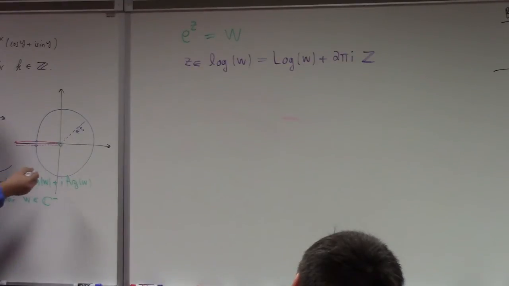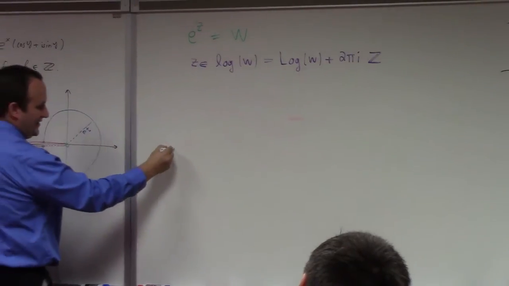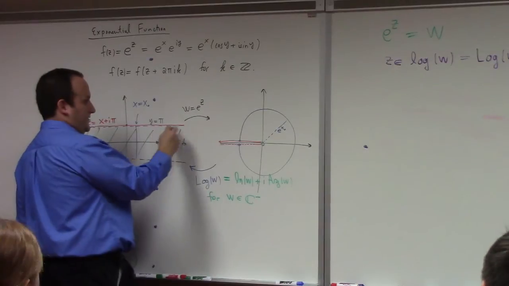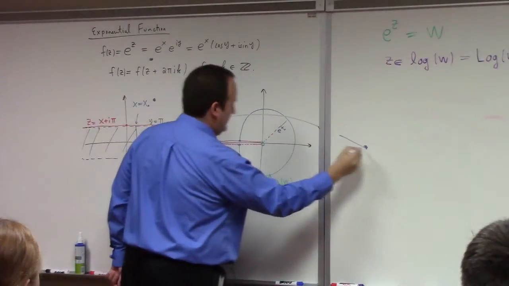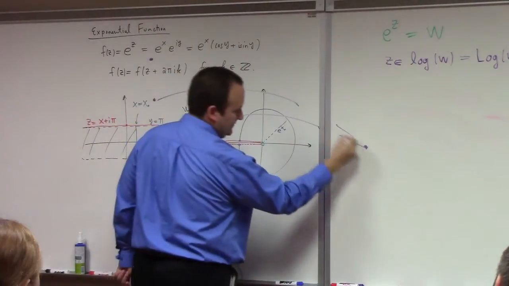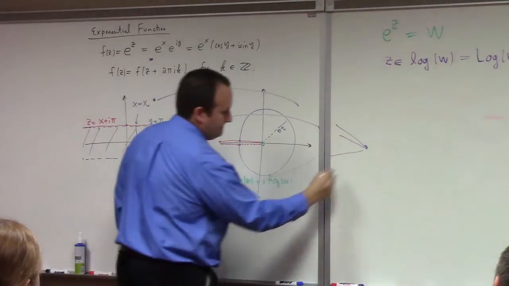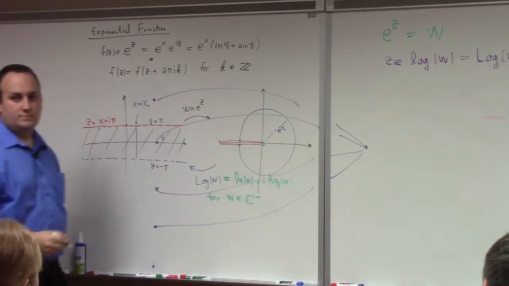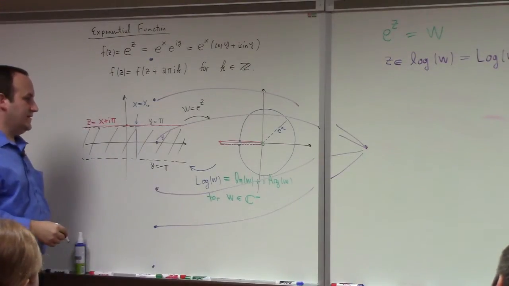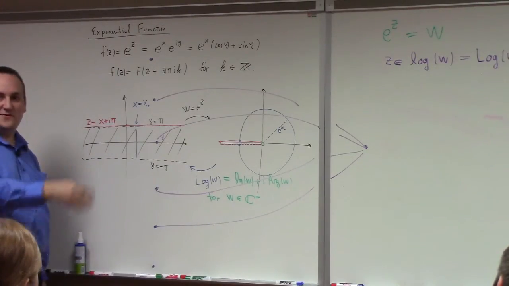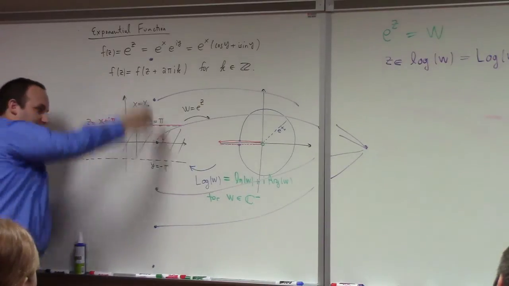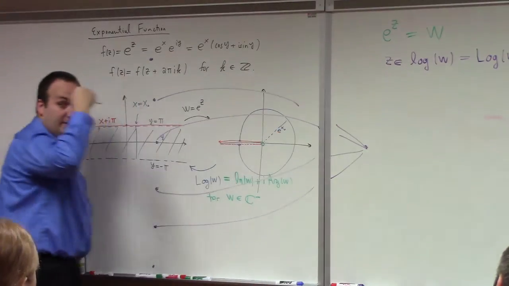All of these different things under the exponential are mapping to this one point. That's why it's not 1-to-1. It's not just not 1-to-1, it's infinity to 1. There are infinitely many points that map to that one point in the w plane.